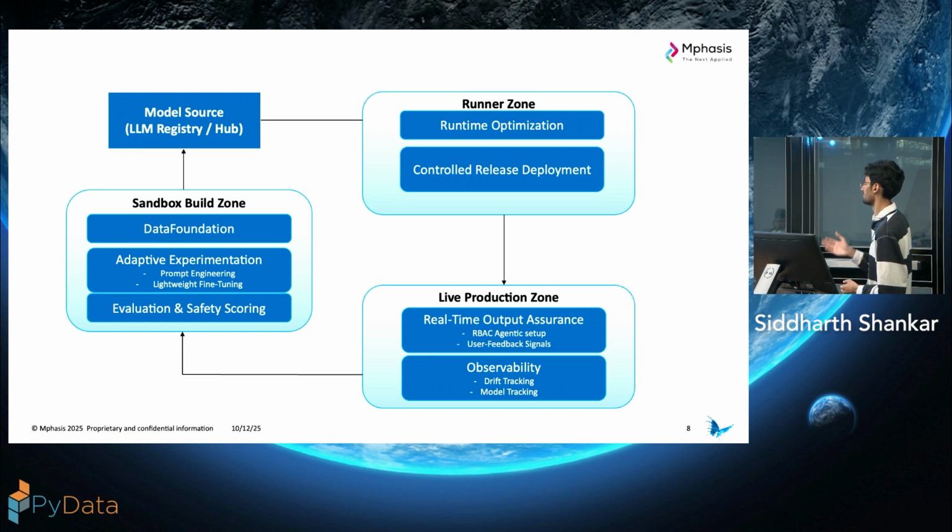And then finally, your live production zone, which is a more scaled-up enterprise version where you could introduce more safety checks, things like RBAC, which is role-based access control, which I'll get into a little bit later, and also have a full-fledged observability setup. I'll also be talking a little more about what observability is for in LLMOps and why it's recently becoming a lot more important in this whole diagram that we see.